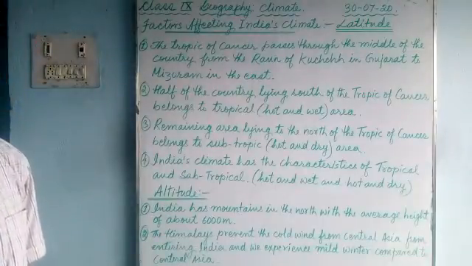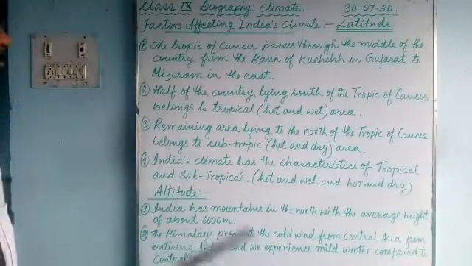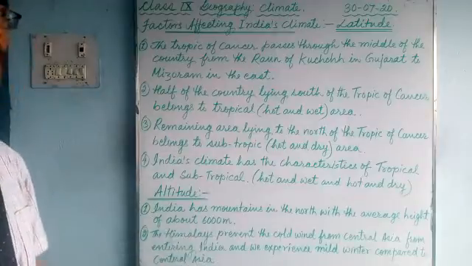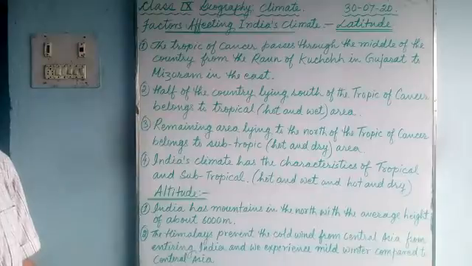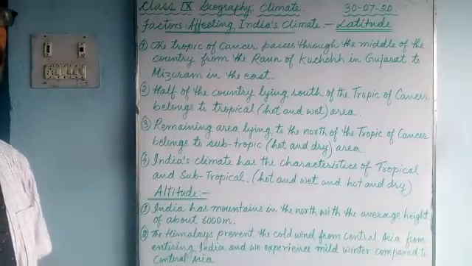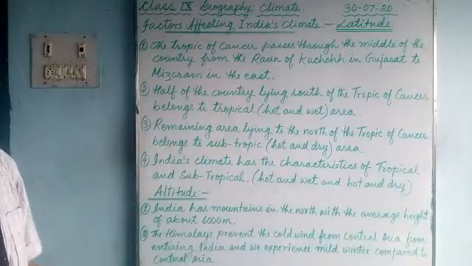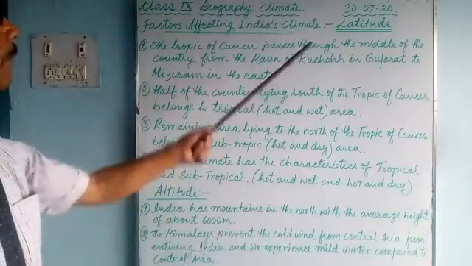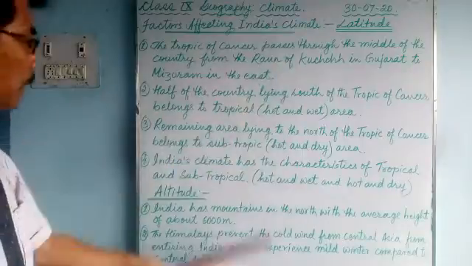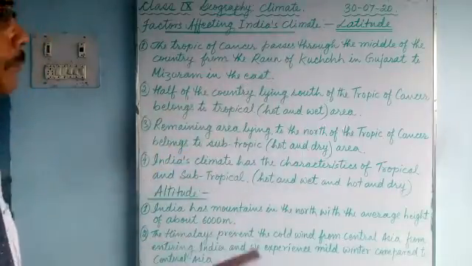In our previous class we have also talked about some: wind pressure, atmospheric pressure and the wind, distance from the sea, and relief. We'll talk about them one by one. Today we'll talk about these two, latitude and altitude.